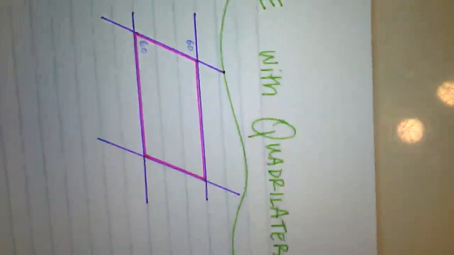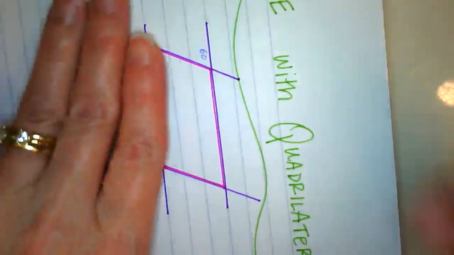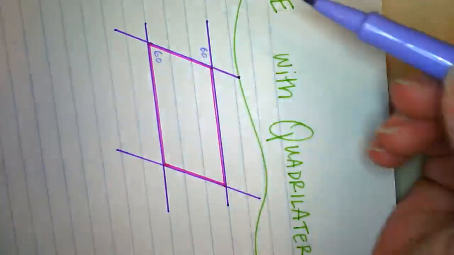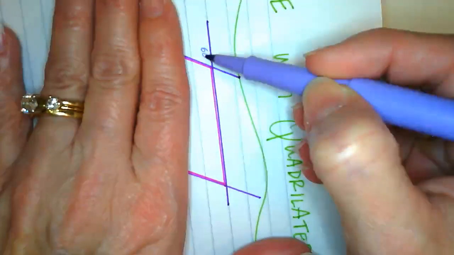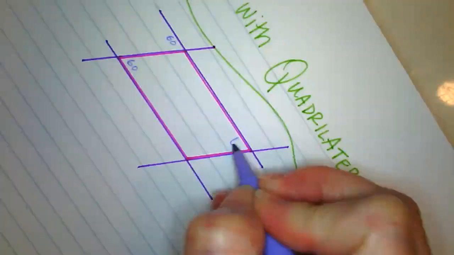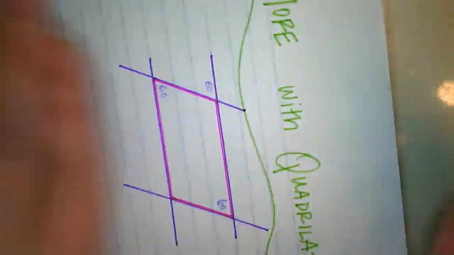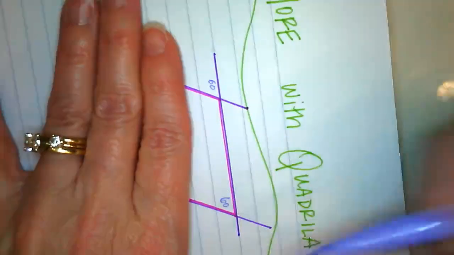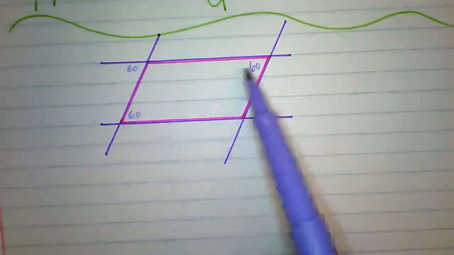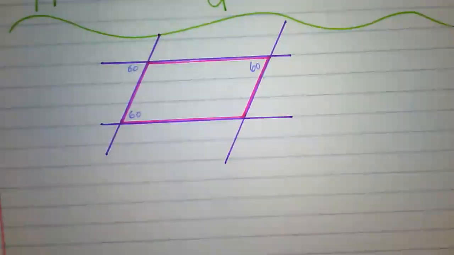If we turned our paper this way and looked at the parallel lines with the transversal, those were alternate interior angles, sorry, by the way. If we knew that this was 60 degrees, we know that this one would also be 60 degrees because those angles are corresponding angles. They're on the same corner, different intersection.